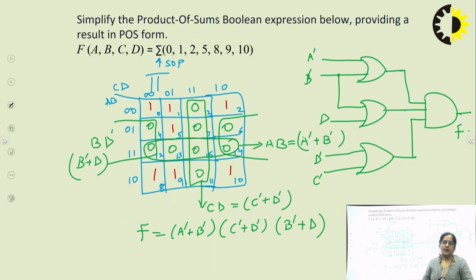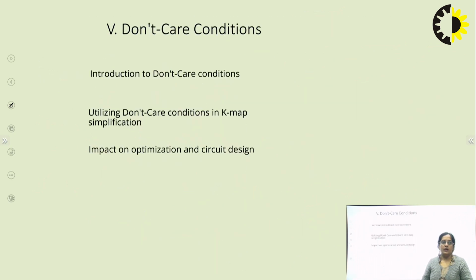So we have covered SOP form, POS form. Now, in case we have some input combination for which our function is neither responding 1 nor 0, for such cases we call it a don't care condition. For example, in case of BCD, we have combinations from 0 till 9.